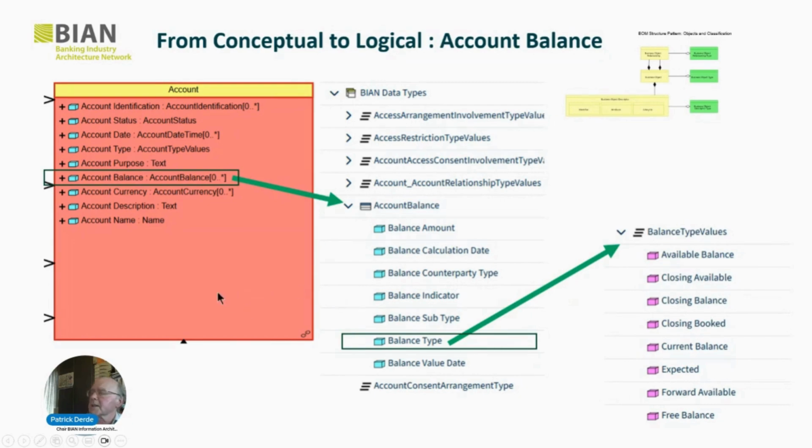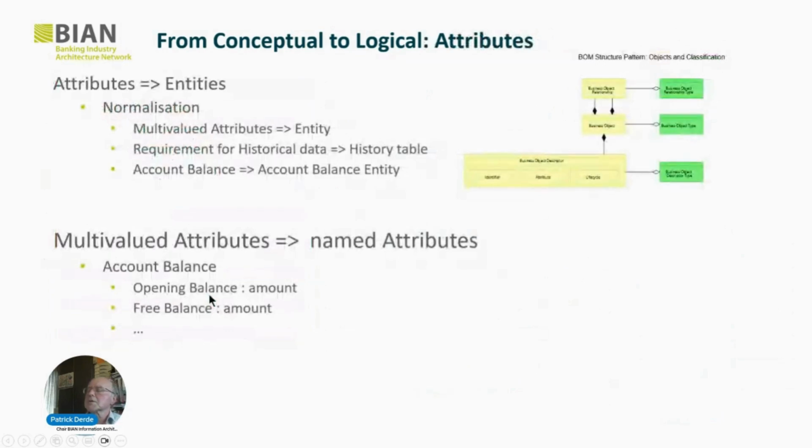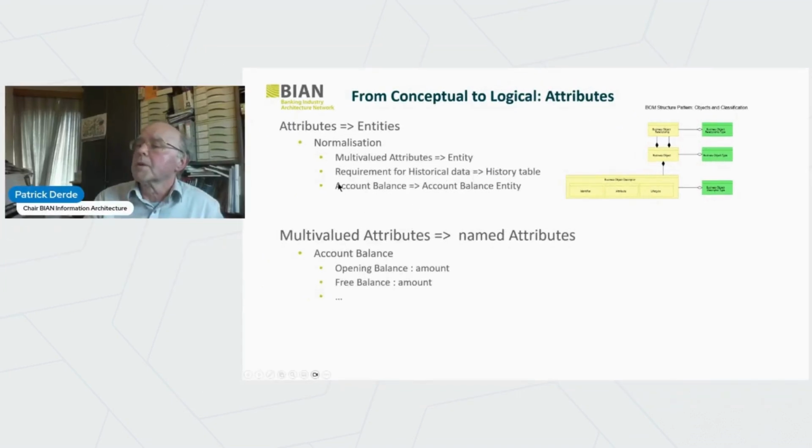So let's take this example to move on and to say, well, sometimes attributes can become entities. This is typically the case when we apply normalization, where multi-attribute values become entities, or where there is a need for historical data, they can become entities. The account balance will become an account balance entity because of the fact that we have multiple types of account balances. But it's also possible that we translate the multi-valued attributes.